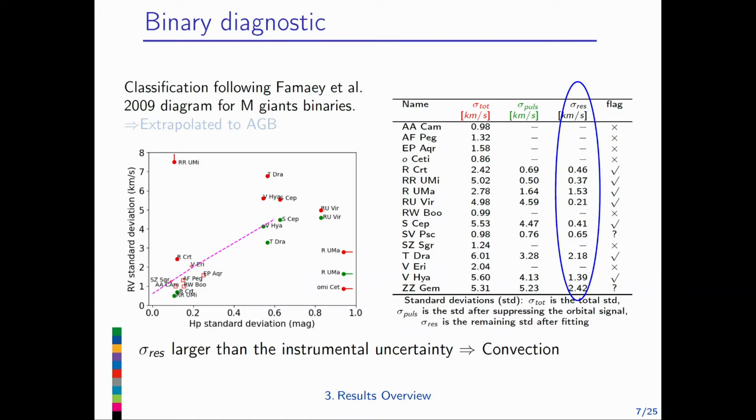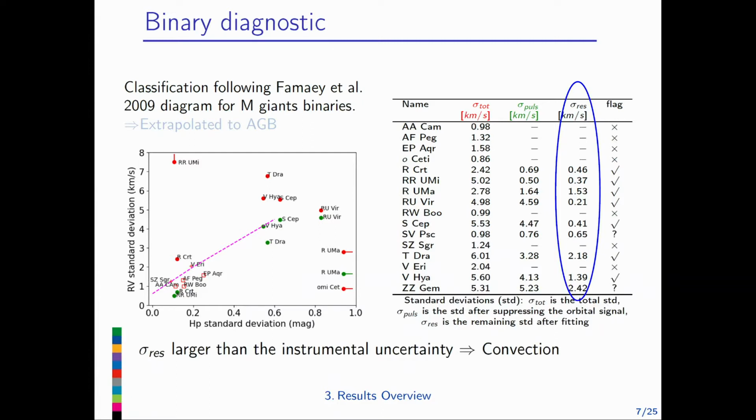In fact, those two stars, like Mira, have really important shock waves. So maybe this shock wave induces really large variation in the Hipparcos standard deviation.